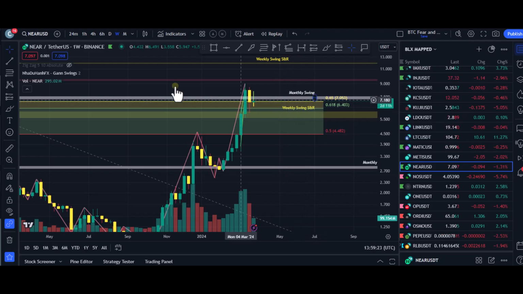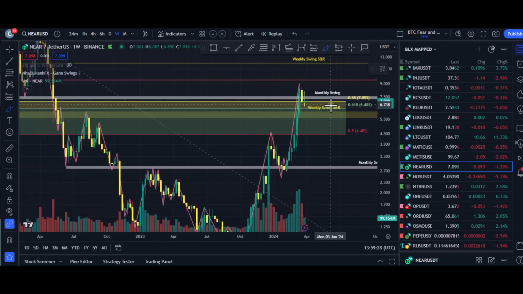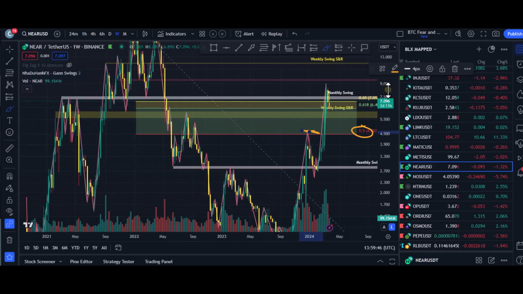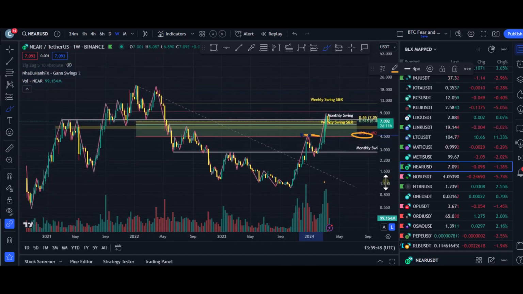So we're doing really well. But as I said, it can come back down to this 50% down here, the larger 50%, $4.482. So that's another area of confluence you want to look at because it can do that. So these resistance points here, these swing highs, keep an eye on it. But near can do really good stuff right here.